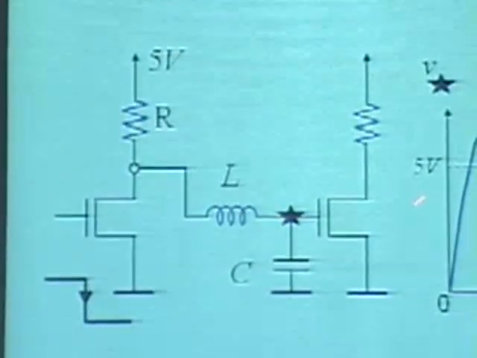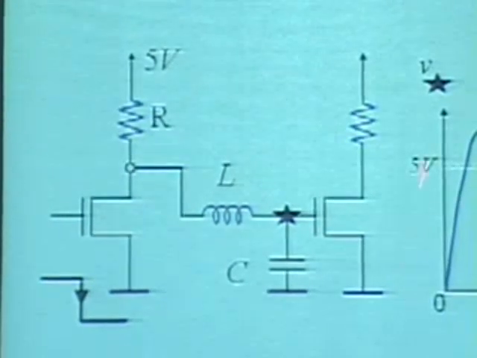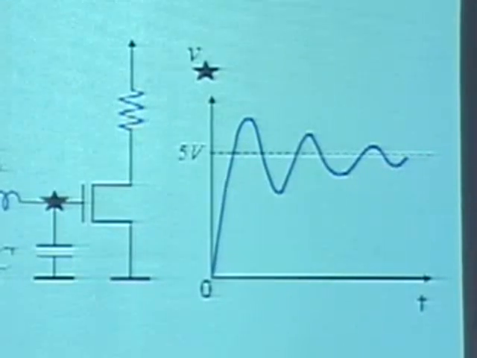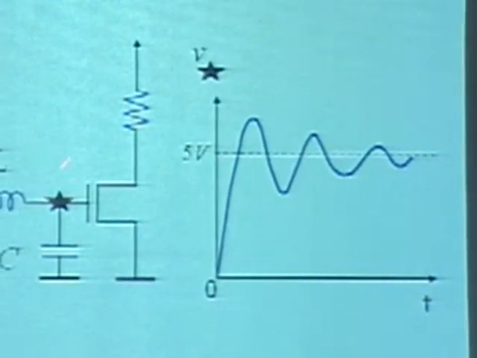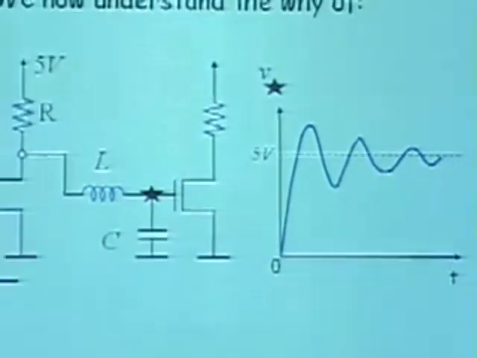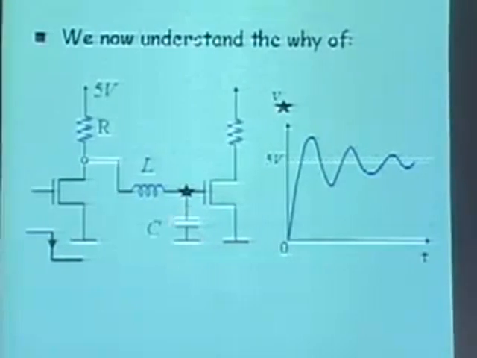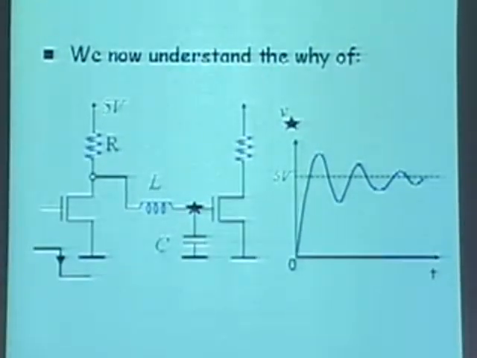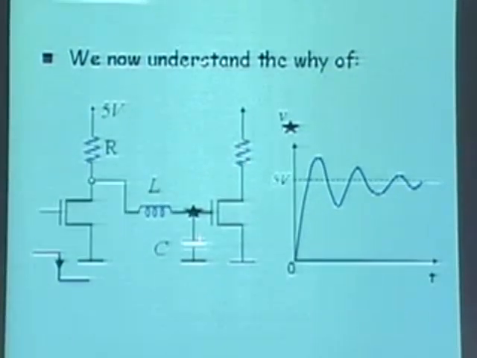And because of this resistor, the energy eventually dissipates, and you end up getting a final value which corresponds to the 5 volts appearing here. And why is that? That's because, remember, the capacitor is a long-term open for DC. So it's a DC voltage. So after a long time, this capacitor looks like an open circuit.